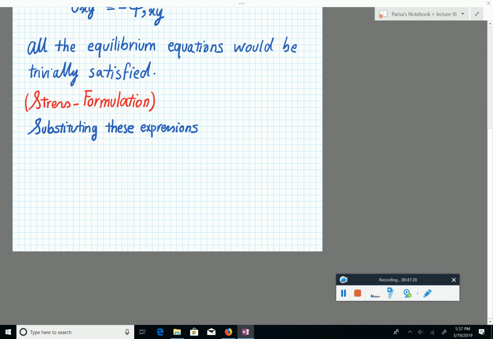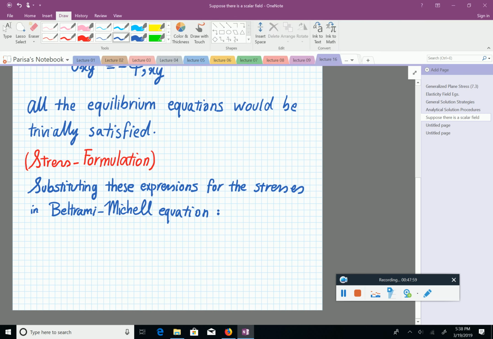So substituting these expressions for the stresses in the Beltrami-Mitchell equation, you are going to get, for plane strain, maybe I go to the next, hopefully it's not going to freeze.